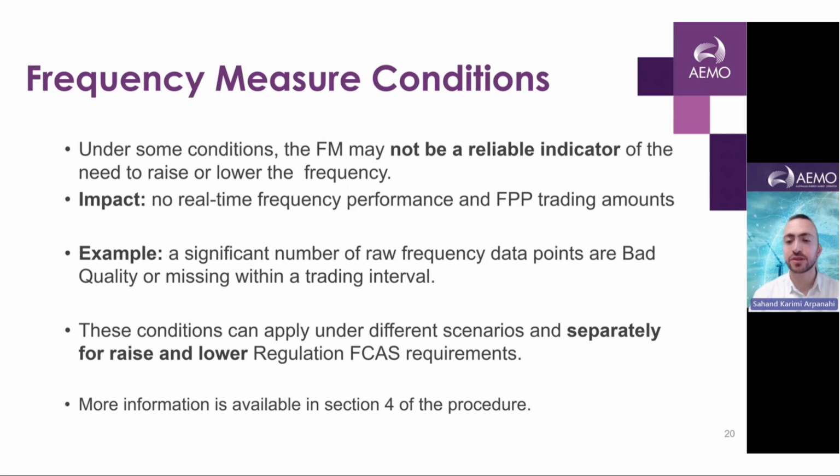This can happen, for example, when a significant number of raw frequency data points are bad quality or missing within a trading interval. These conditions can apply under different scenarios and separately for raise or lower regulation FCAS requirements. You can find more information about the FM in section 4 of the procedure.